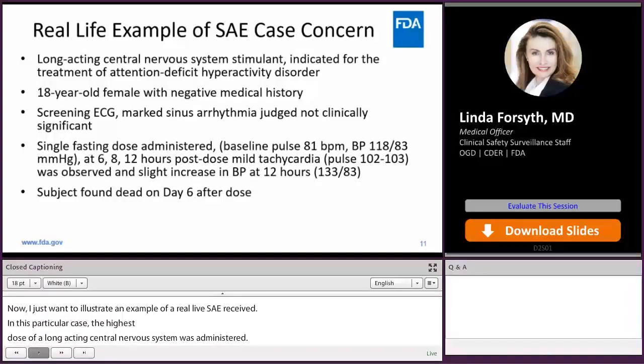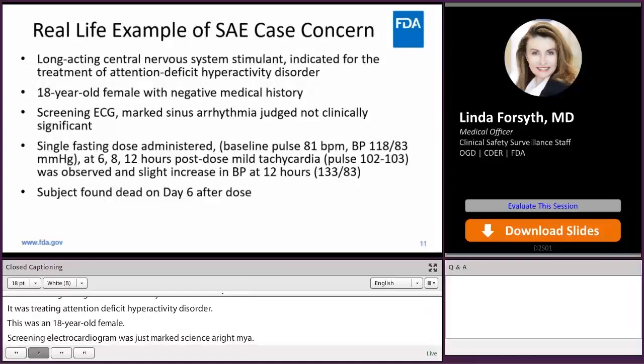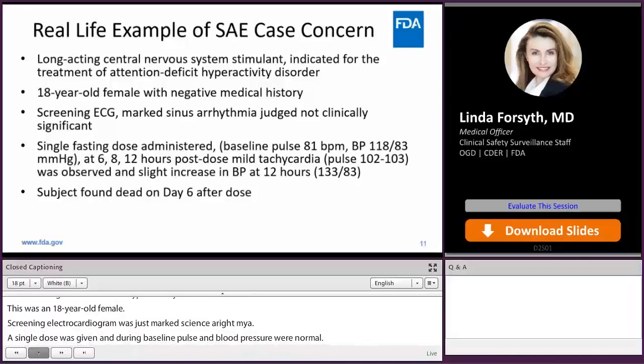Screening electrocardiogram was judged not clinically significant with just marked sinus arrhythmia. A single dose of medication was given in fasting, and during baseline, pulse and blood pressure were normal. However, at 6, 8, and 12 hours after the administration of the drug, there was an increase in heart rate and slight elevation of blood pressure.